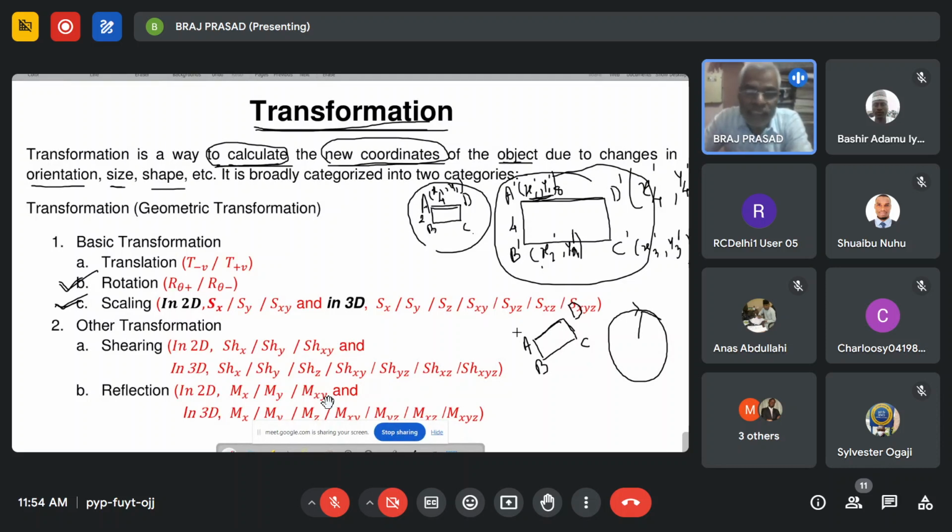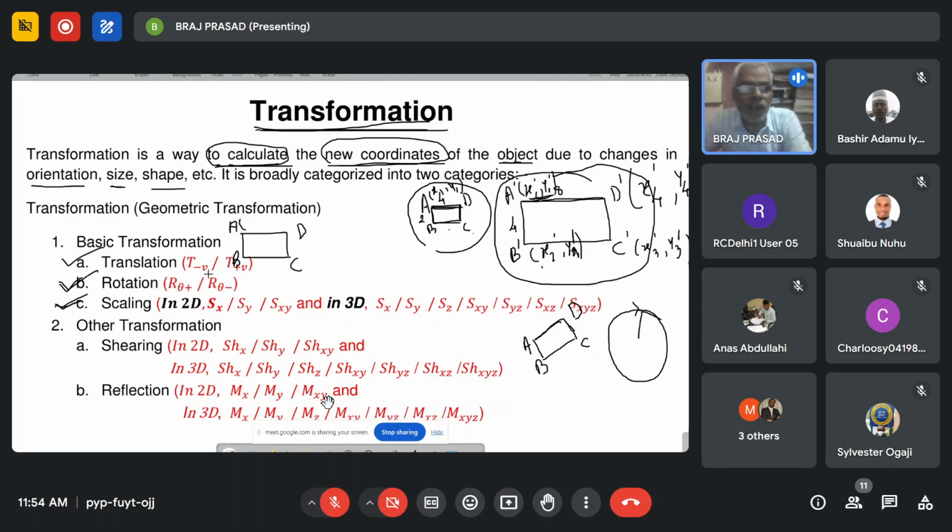Due to this rotation, the change of coordinates will be calculated with the help of rotation. Sometimes we want to move this object from this location to this location. If we move that object from one location to another, then the coordinates of that object again change, and to find the new coordinates of this ABCD, we will use translation.